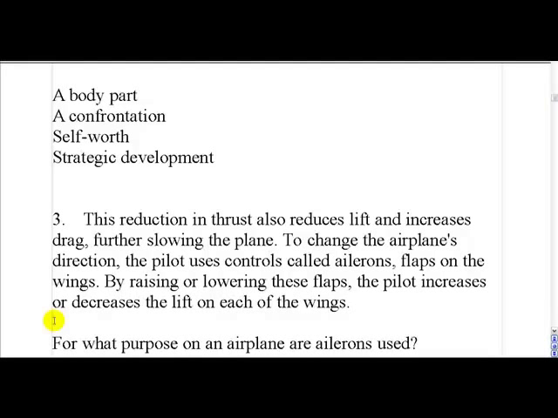Now, you've got to be smart here. I'm asking you about ailerons. What is the purpose of these? So you notice that ailerons is also defined by the word flaps, flaps on the wings. By using the word these, or these flaps, it goes back to flaps, and flaps goes back to ailerons. So for what purpose are they used?